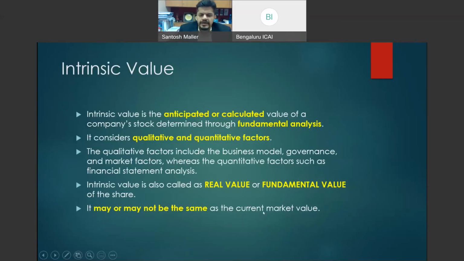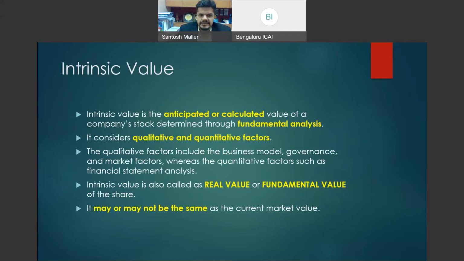So the point here is current market value is not necessarily the fair value or vice versa. Market value can have different aspects, different dimensions to it.